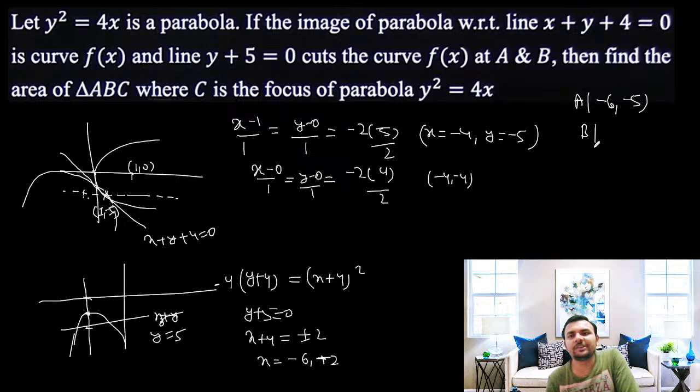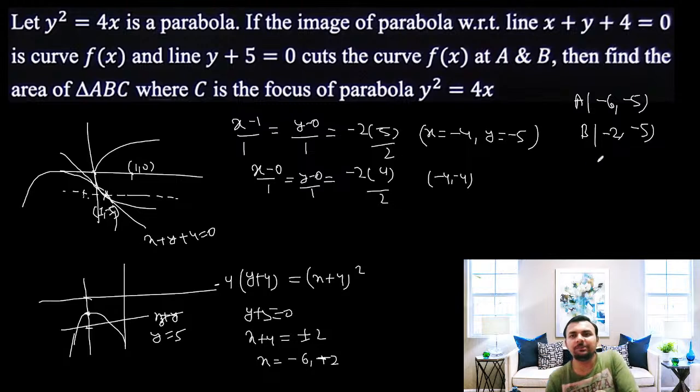And B point is going to be x is minus 2, and minus 5. Same thing, like x is varying, y is staying the same. Okay, so it has become somewhere like this.